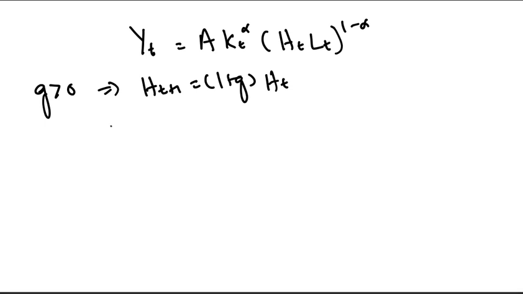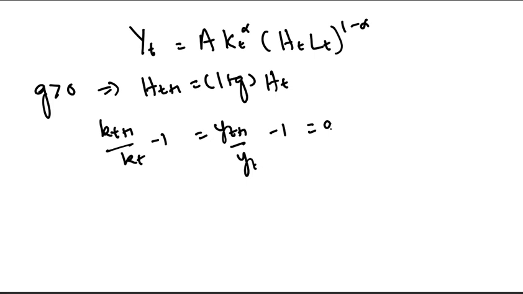So this is what I mean just now: k_{t+1} over k_t minus 1 equals y_{t+1} over y_t minus 1, and finally equals g. In this case, can you replace the production function that I introduced in this OLG model?